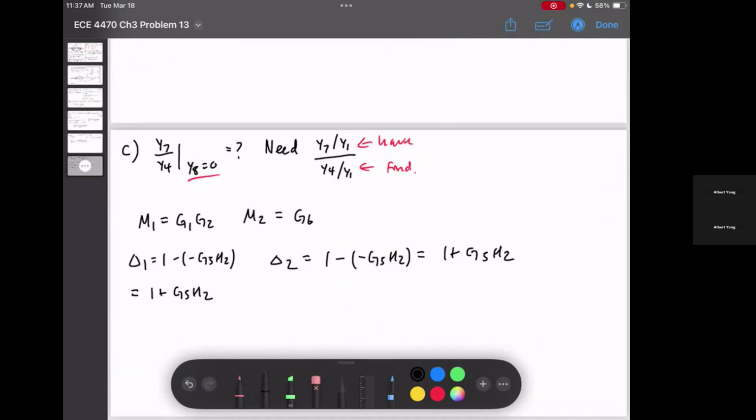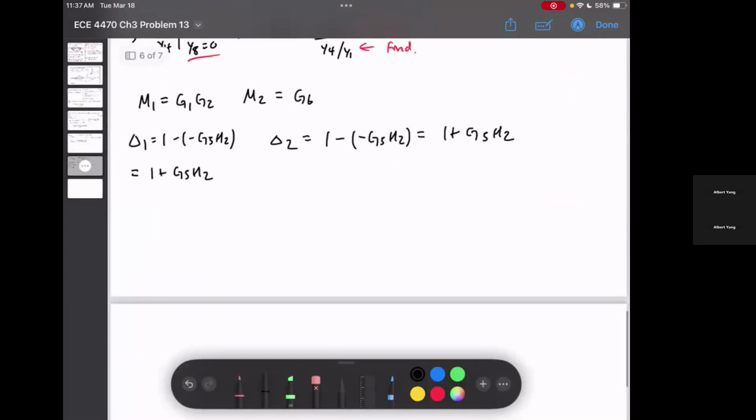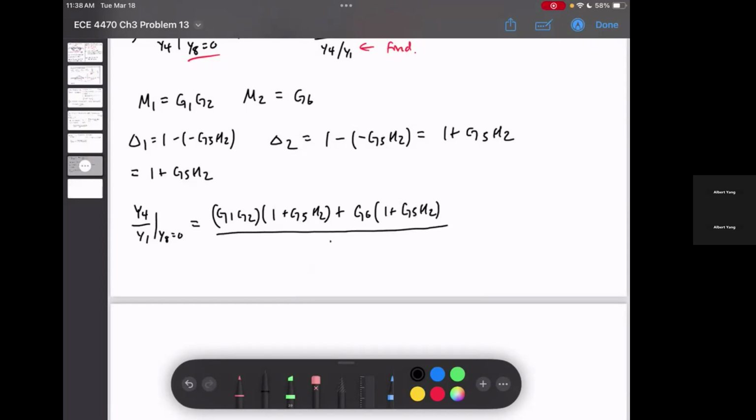So when we do the transfer function of Y4 over Y1, that'll give us M1, that's G1, G2, times delta 1, which is 1 plus G5H2, then plus G6 times 1 plus G5H2, divided by our determinant.